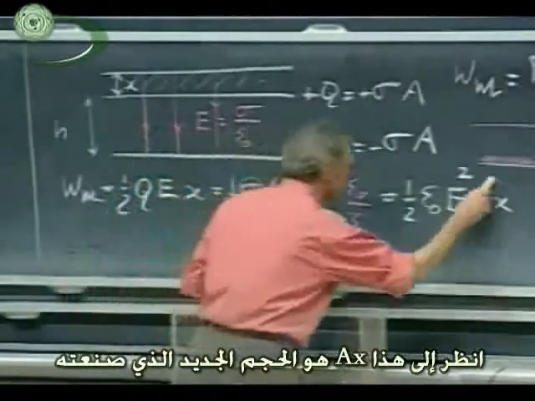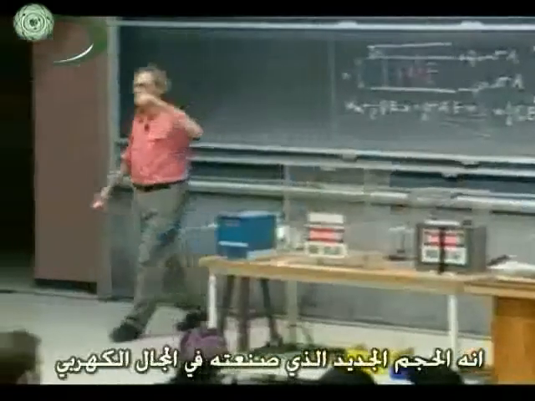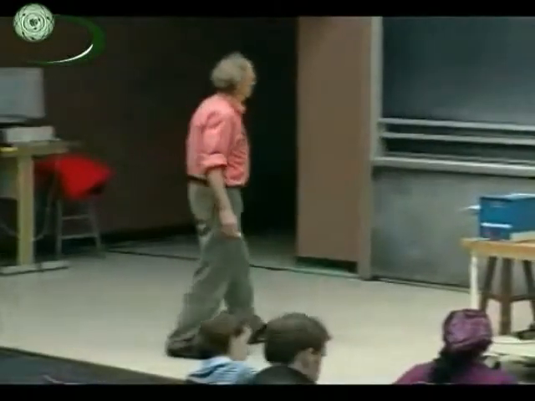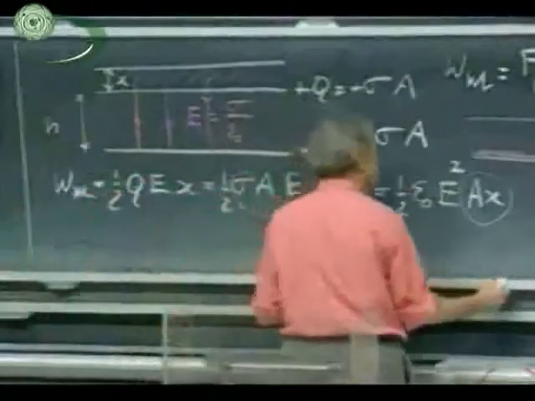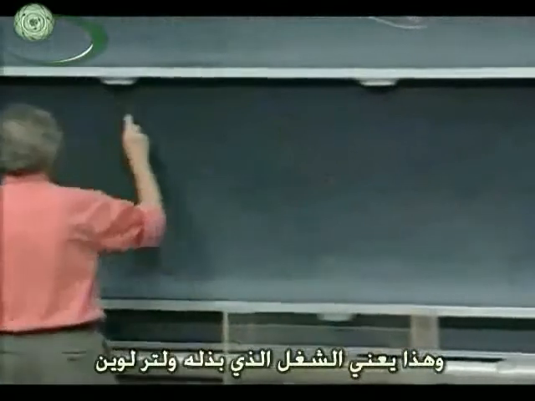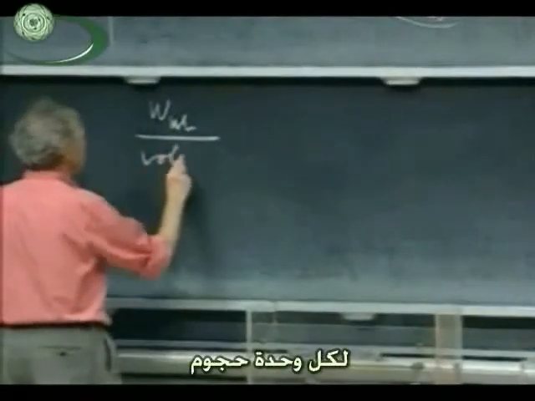And look at this. A x is the new volume that I have created. It is the new volume in which I have created electric field. And this now calls for the work done by Walter Lewin per unit volume.